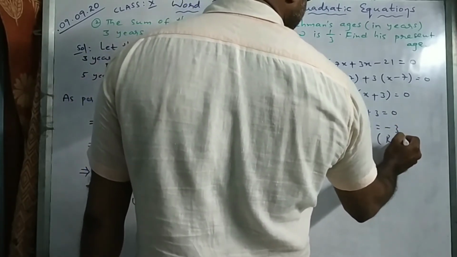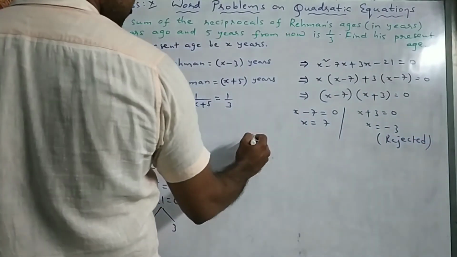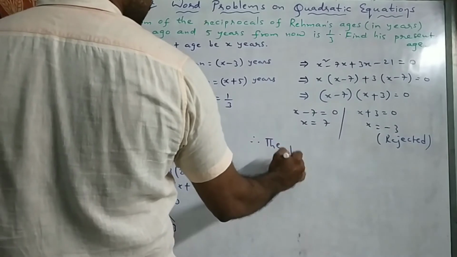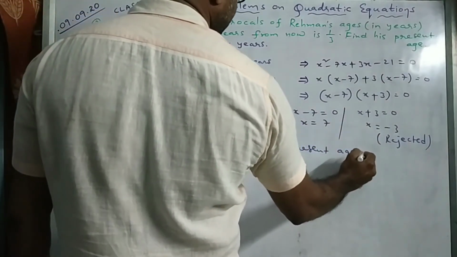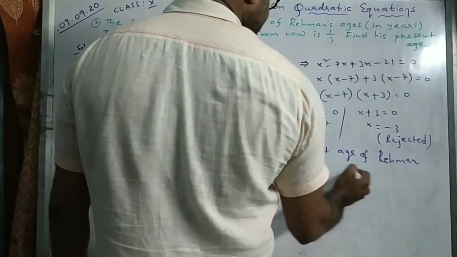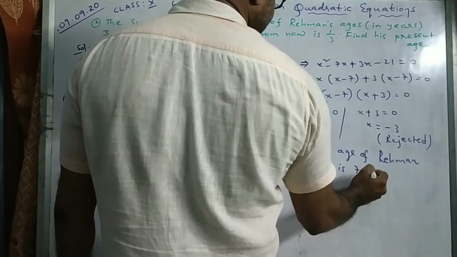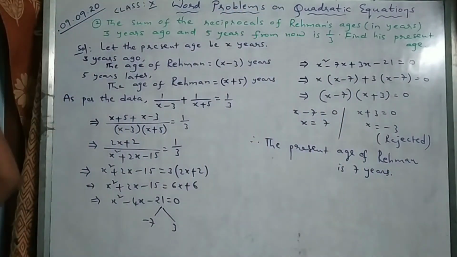This is rejected. Why? Because age cannot be negative. Therefore, the present age of Rahman is 7 years. That is the end of the solution.